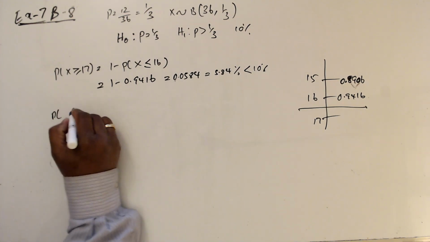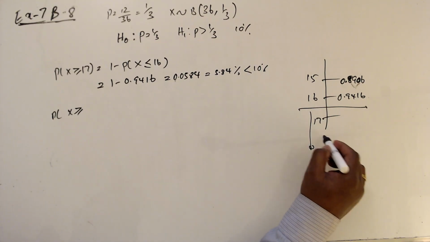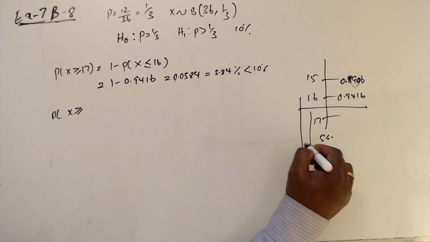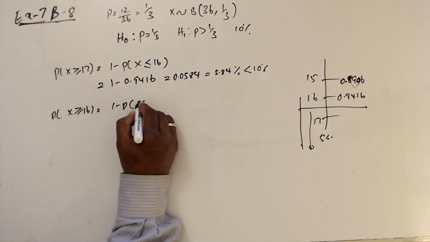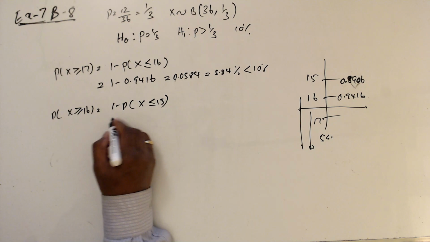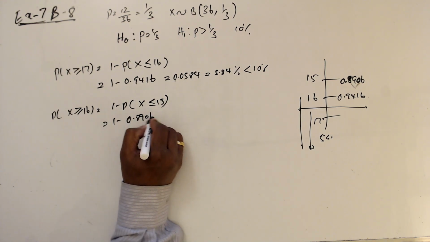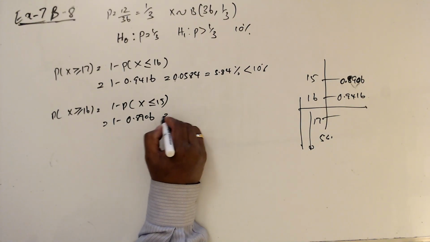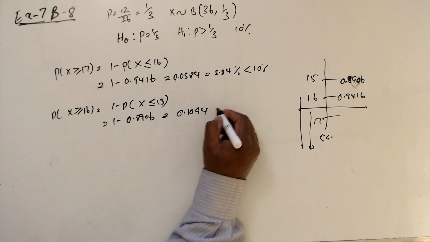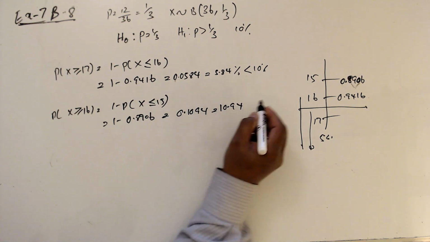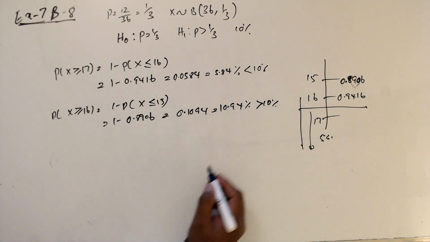Now up to here it is 5.84. Now let's start from 16: the probability of X greater than or equal to 16 is 1 minus the probability of X less than or equal to 15, that is 1 minus 0.8906, which equals 0.1094, equal to 10.94%, greater than 10%.